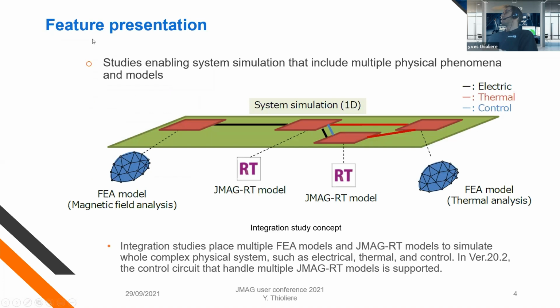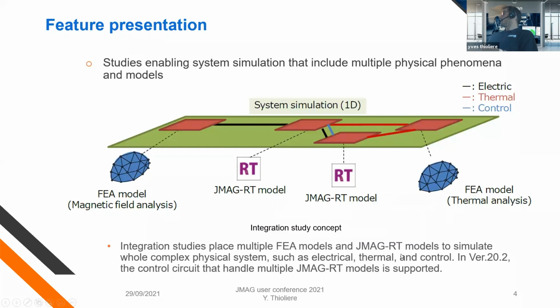So here, this integration study in fact allows you to include multiple phenomena and models. For example, you could have several different FEM models in one calculation. Those FEM models could be both magnetic, or magnetic and thermal. You can also include control here. You can see in this picture, you can have all this in one single study.